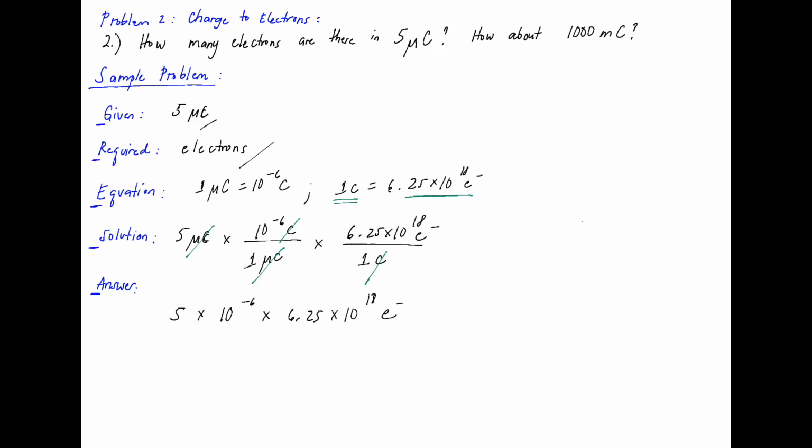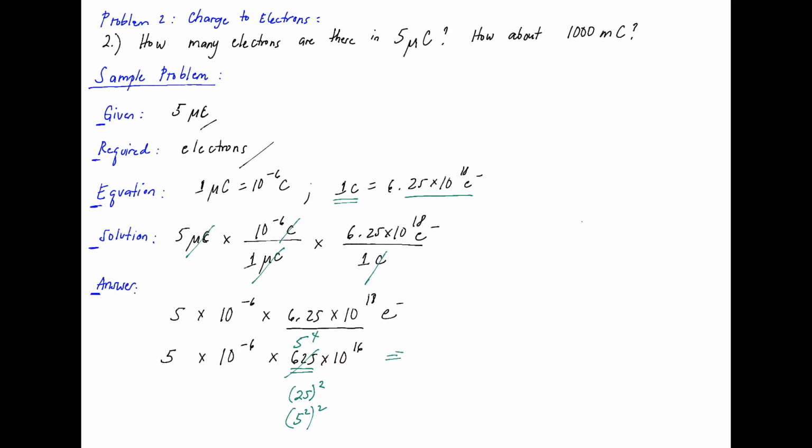Now, we have to take note that the 6.25 times 10 raised to 18 can be written as 625 times 10 raised to 16 times, we have here 10 raised to negative 6, and take note we have here the number 5, and the 625 can be expressed as 25 squared. And furthermore, this 25 is equivalent to 5 squared. So we have here this 5 squared and square it, that is simply 5 raised to 4.